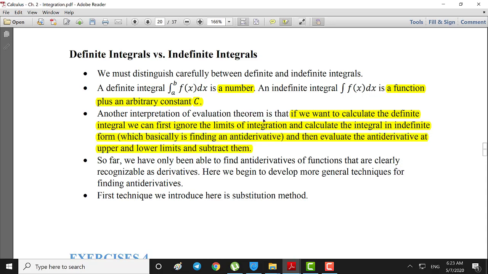So by this understanding, there's not much difference between the indefinite integrals and the definite integrals, although there is a world of difference between their definitions, right?